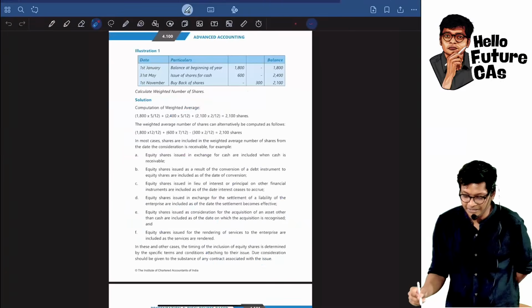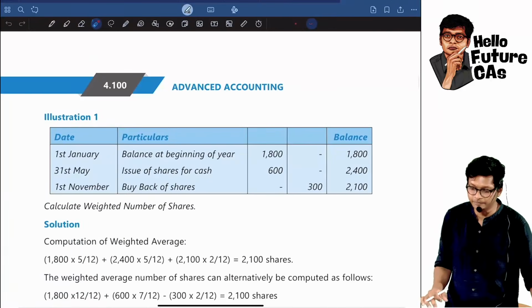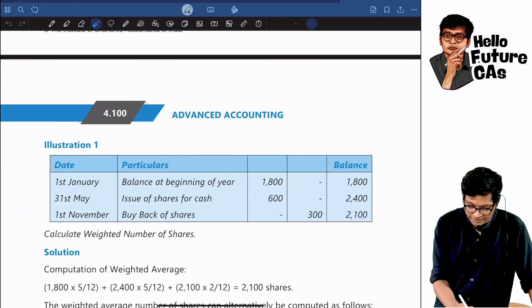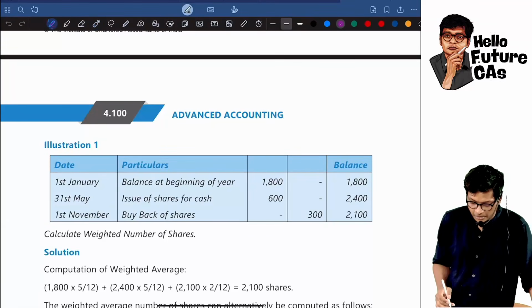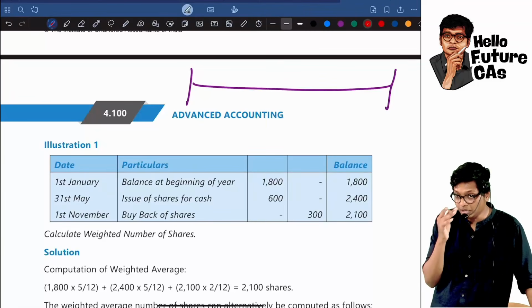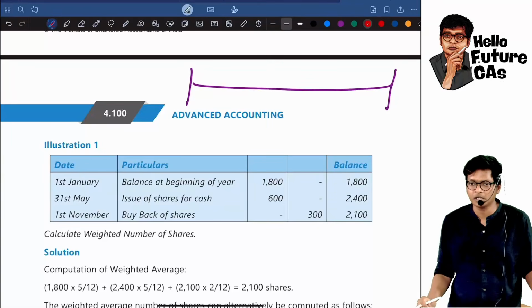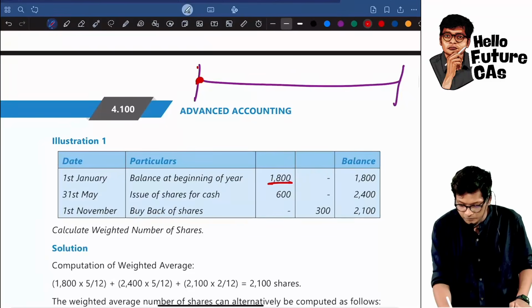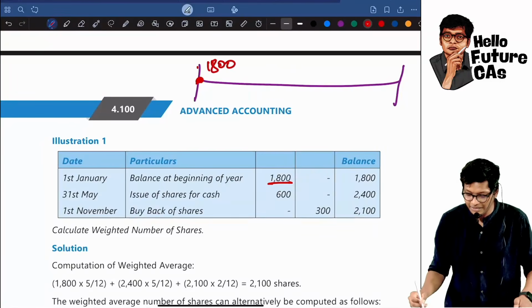There are 2 ways. Let me take this sum itself, a basic sum from the ICAI study material, not in our library material because it's a simple sum. I didn't want to intentionally keep it there. If I prepare a timeline for this question, this should clear all the confusion with respect to weights, even for first-time learners. Beginning of the year, they have how many shares? 1,800.